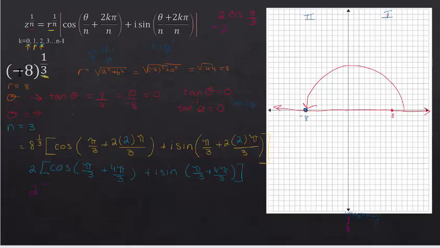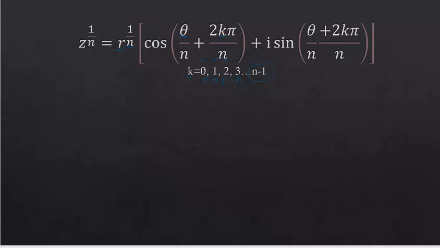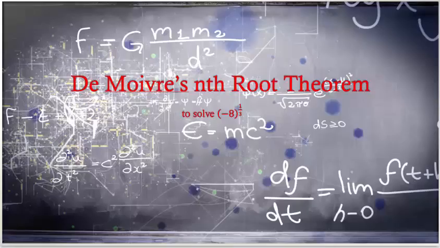All right, cleaning this up, this is going to be cosine of 5 pi over 3 plus i sine 5 pi over 3. Right? And we can rewrite this as 2 cis 5 pi over 3. So our third root is 2 cis 5 pi over 3. All right, and so that's how you apply DeMoivre's theorem to find the nth root of a complex number.